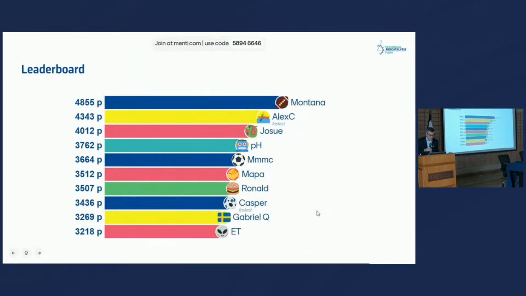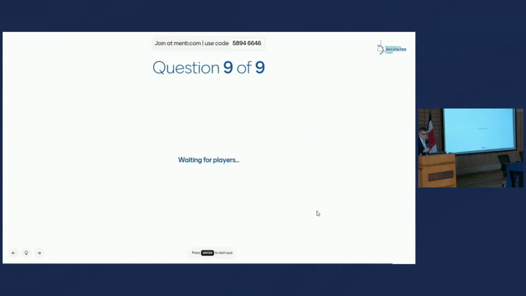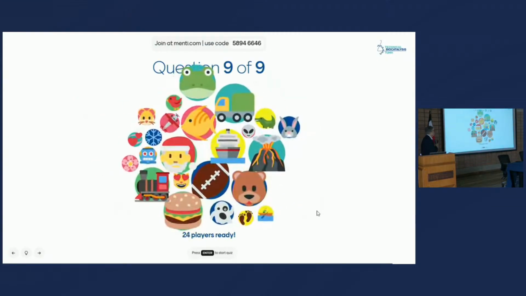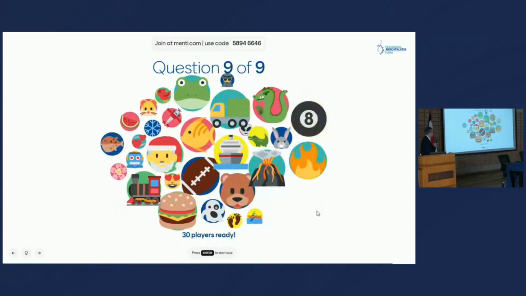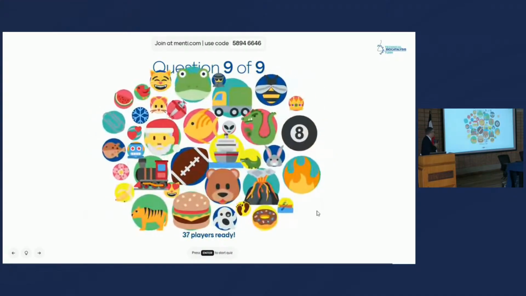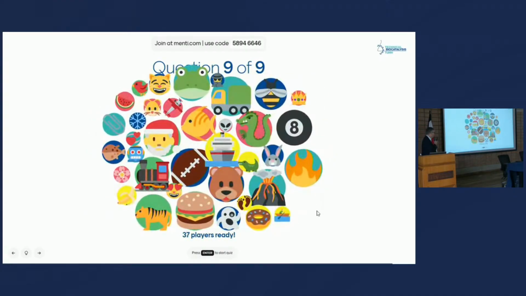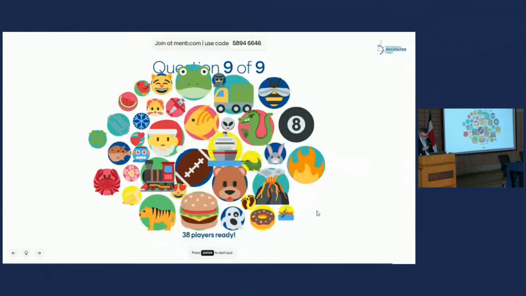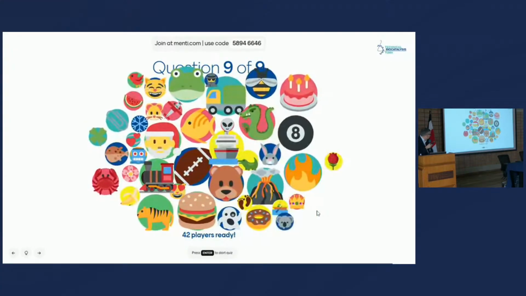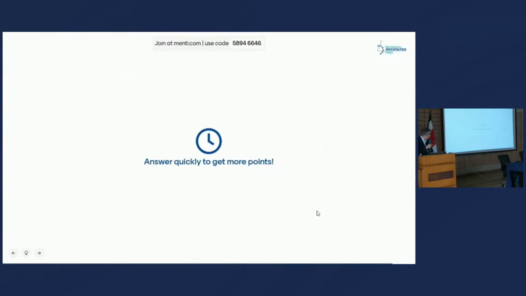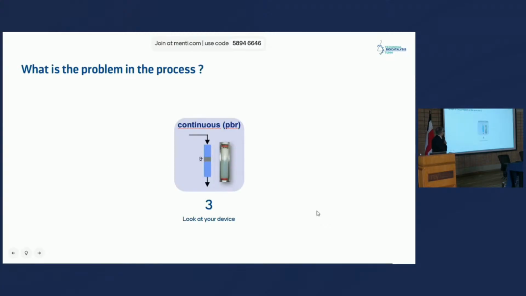What might be the problem? Okay, we were around 40 before as well. Yeah, so let's start. So what is the problem in this process?